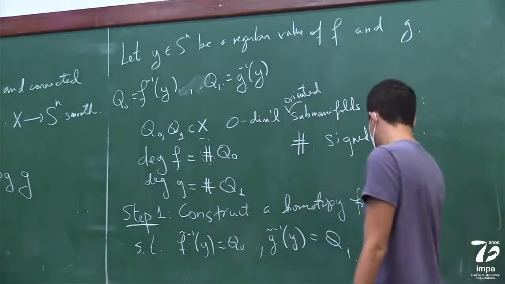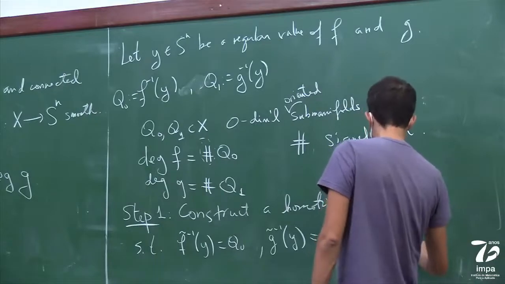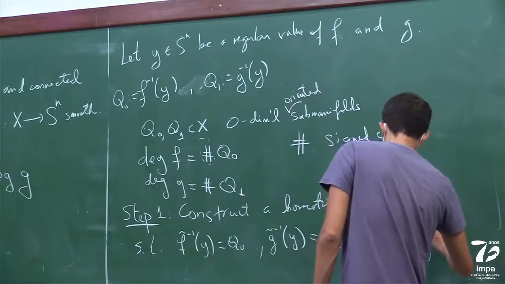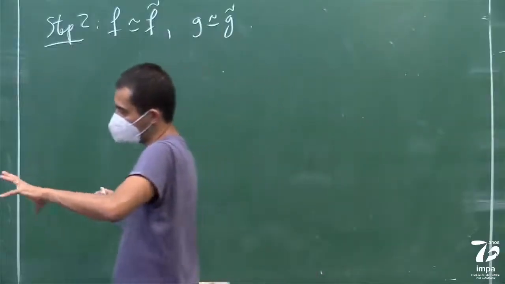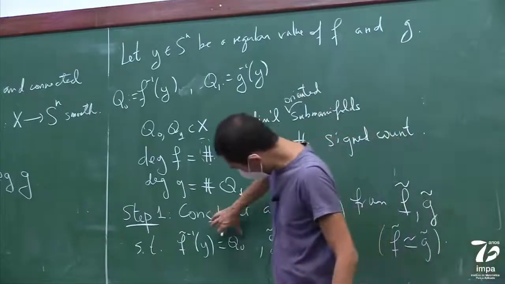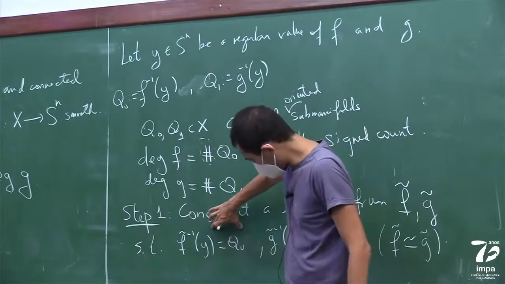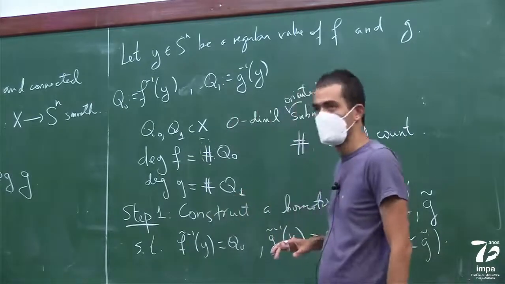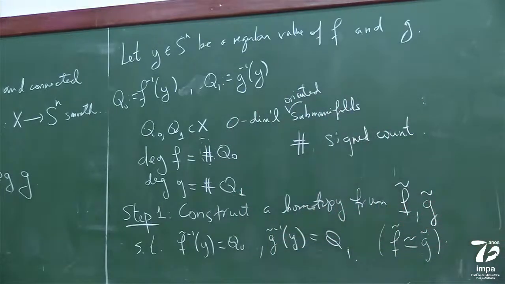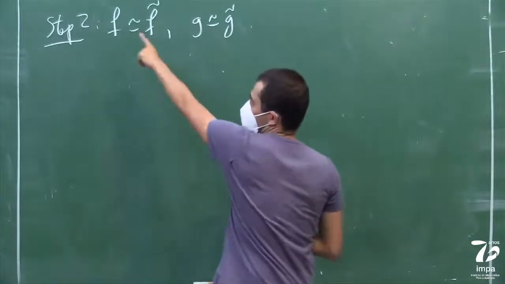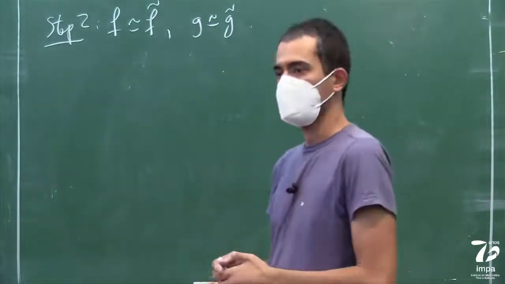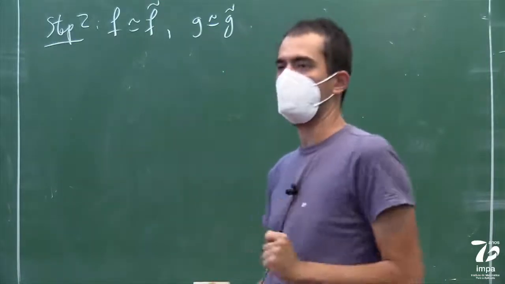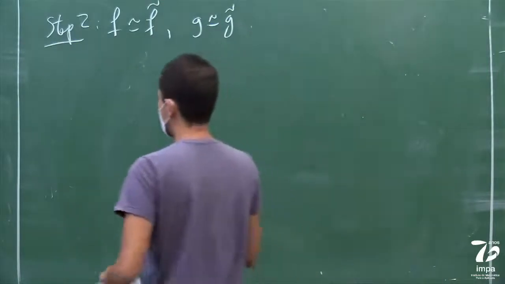Then by this construction, f tilde is homotopic to g tilde, as you'll see. And in the second step, I'll show you that this property for f tilde and this property for g tilde is enough to show that they're homotopic to the original guys, that they are a good replacement indeed. Okay, so that's the map ahead of us. Now let's do these steps.